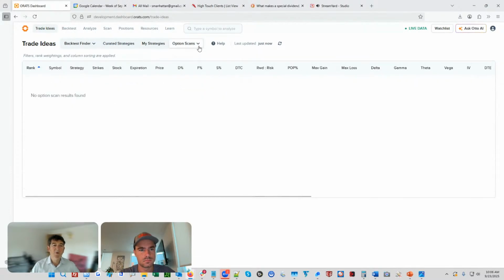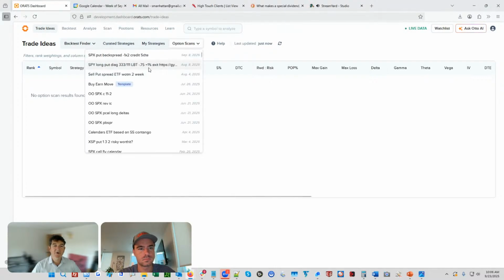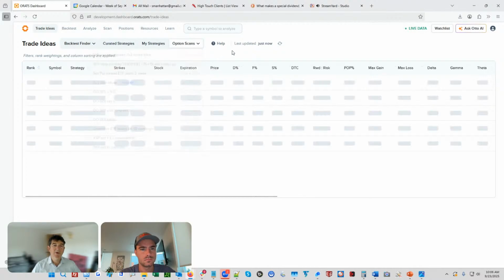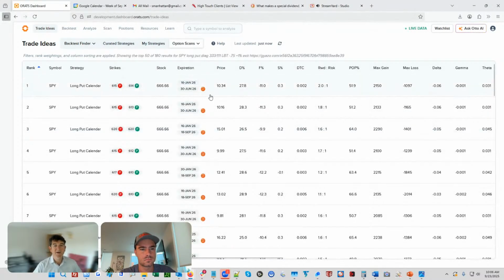For example, you could go in, so no options were found there. That means that the filters are too much there. But you could go through and click on your various option scans, and this is just a very nice summarized place to get your information, so you don't have to be jumping around, and you can just get right into a trade.